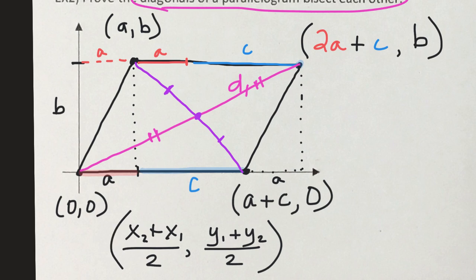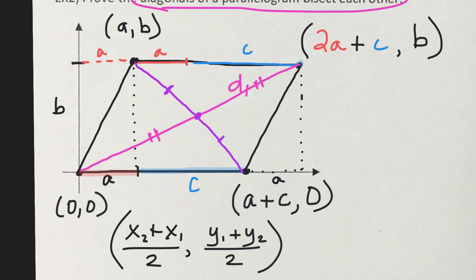So if I can show that the coordinate of the midpoint of the purple line is the same as the coordinate of the midpoint of the pink line, that means those would be the midpoints of each other. If the midpoints of two lines are the same coordinate, then they're midpoints of each other. So that's what we're going to try and do here. I know, it sounds like a big ask, but let's do it.